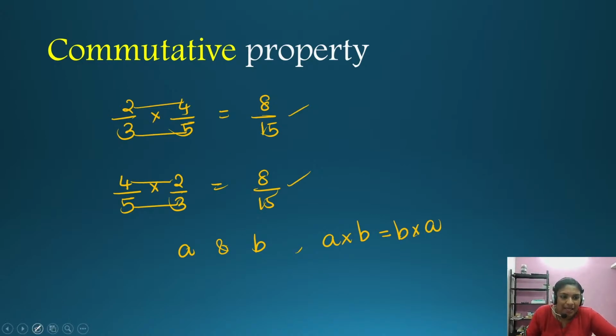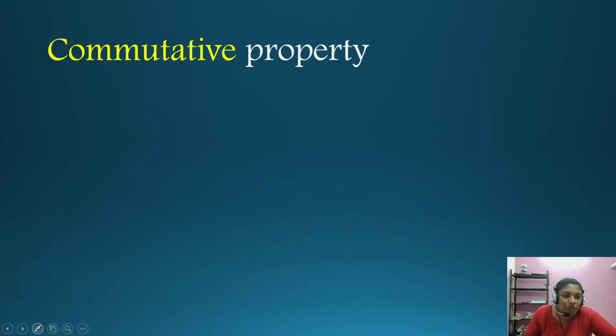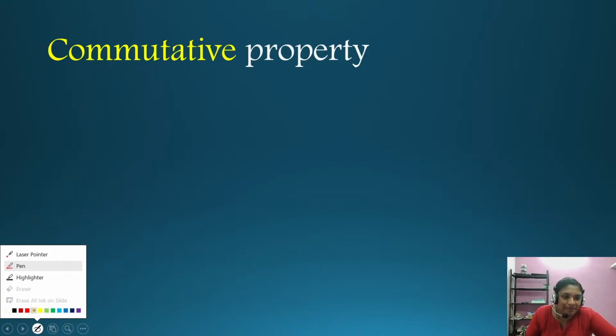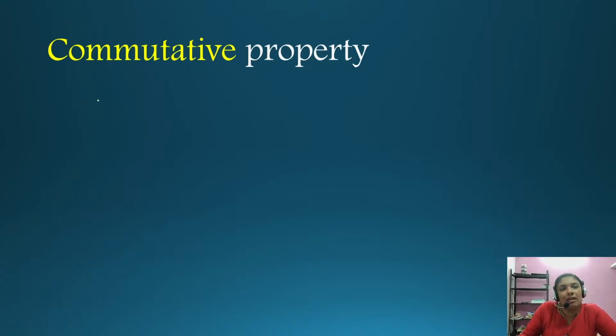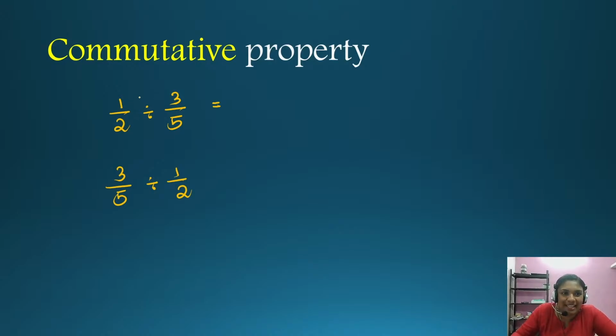Okay. Now it's time for checking division. 1 by 2 and let's take 3 by 5. Now let's divide. And let's write like this also, 3 by 5 divided by 1 by 2. Now, how will you do this? Let's use the trick. 1 5 is 5 by 2 3s are 6.